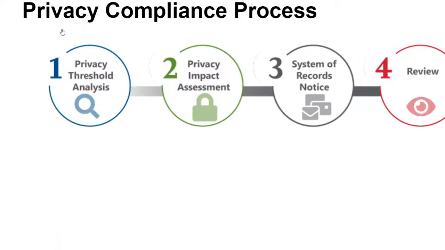This doesn't apply to it. But if it's storing, processing, or disseminating any kind of PII information, then yes, you got to go to the next level, which is privacy impact assessment.